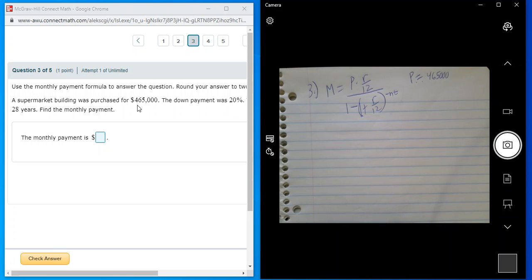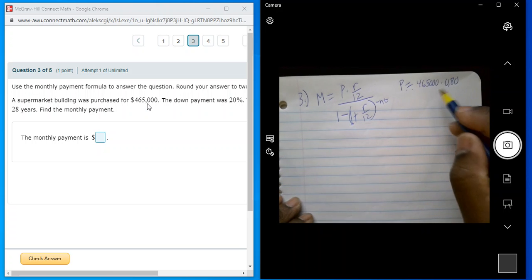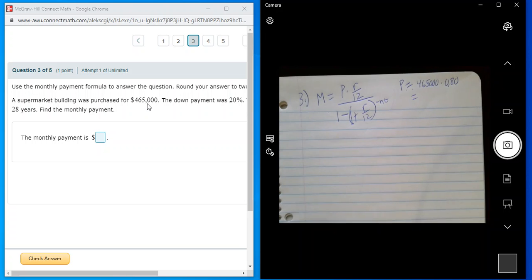And then here it tells us we have a down payment of 20%. So that means that what we're going to borrow is going to be 20% less than this 465,000. So we could take this 465,000 and multiply it by 80%. And that would give us our new principal. So we're going to multiply that really quick. Let me pull up Desmos so we can multiply this.